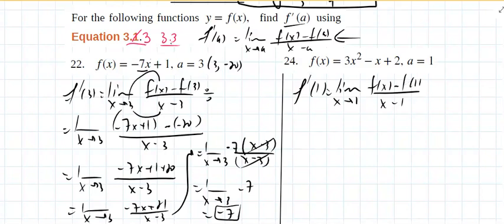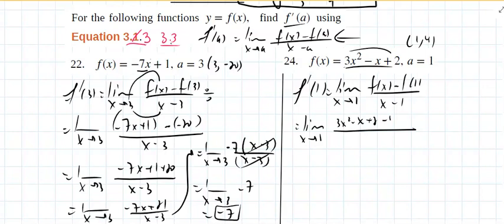Again, it's right there. So when x equal 1, well, let's see. That is the limit as x approaches 1. F of x is pretty much what you see. F of 1, if I let x equal 1, I'll get 3 plus 2, that's 5 minus 1 is 4, over x minus 1. Again, every time you plug 1 in, you get 0 over 0.